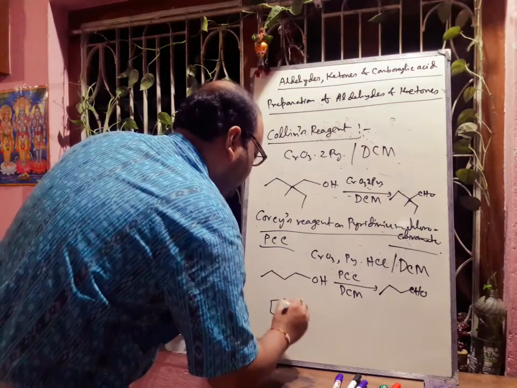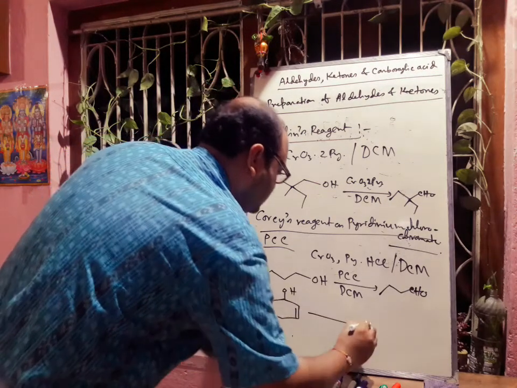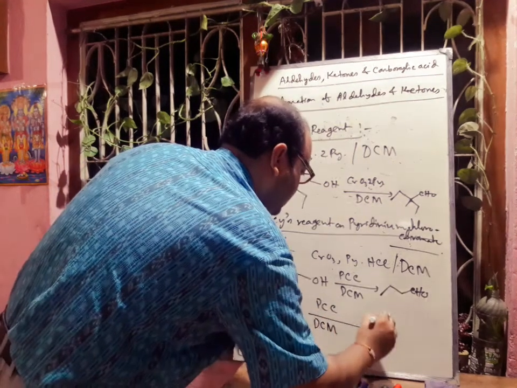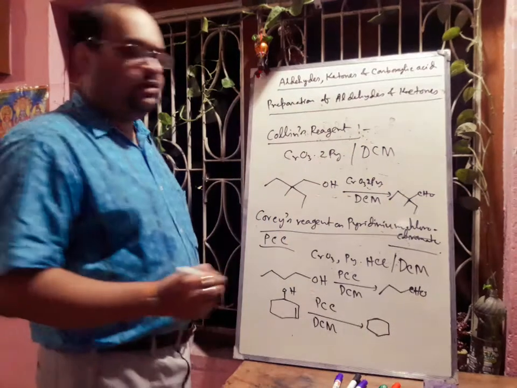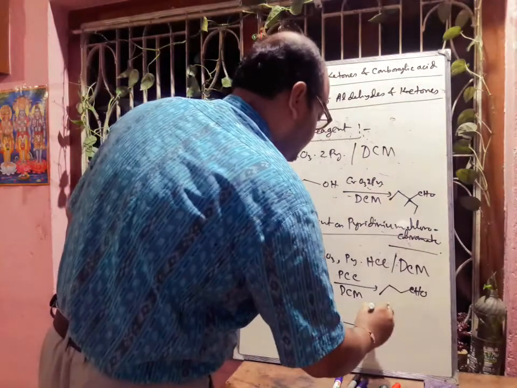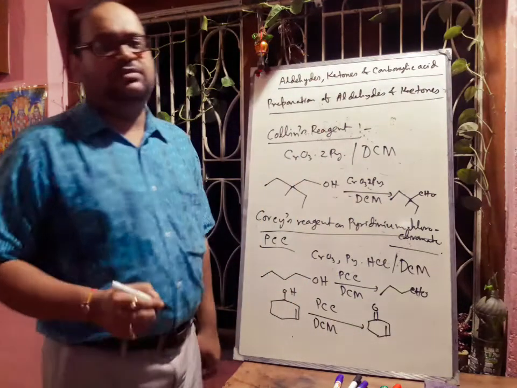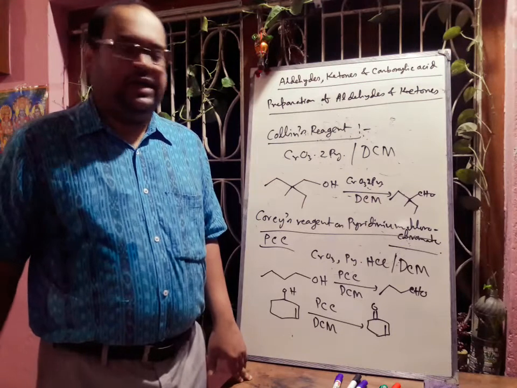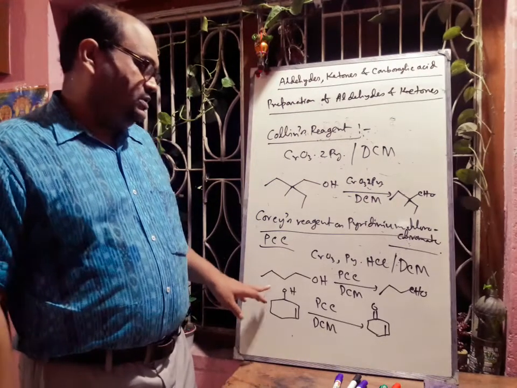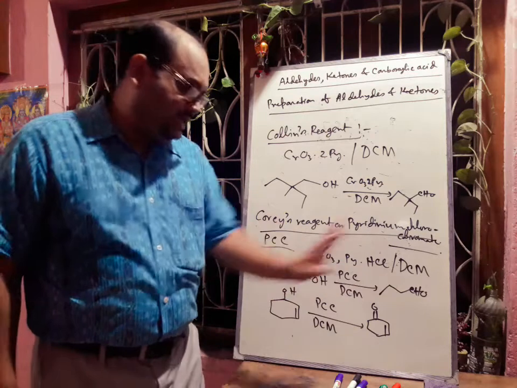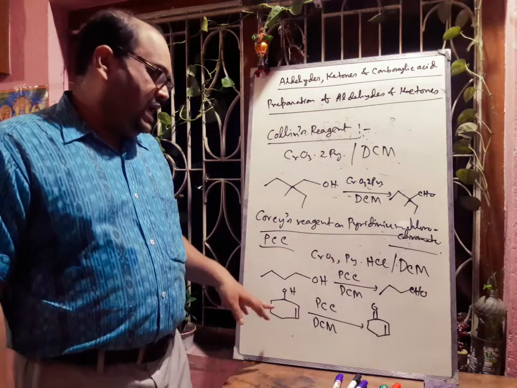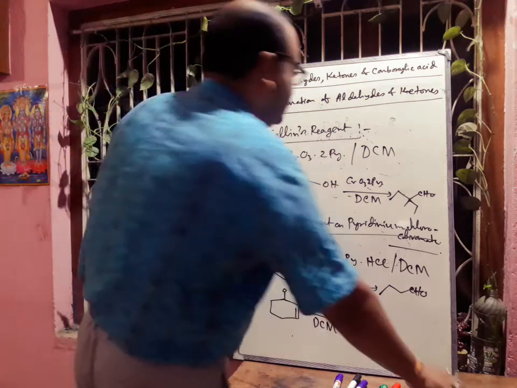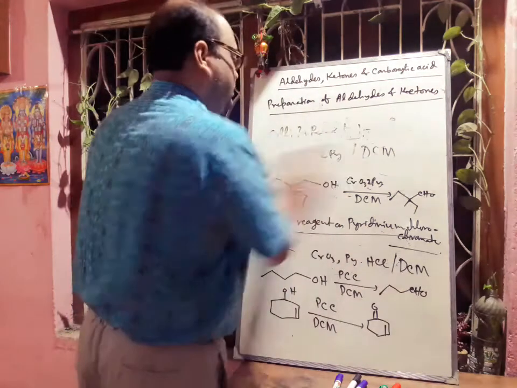Here the double bond will remain unaffected. Using the same reagent PCC in DCM, there will be formation of a ketone, because it is a 2 degree alcohol. In this way we can convert 1 degree alcohol to aldehyde using PCC, and 2 degree alcohol to ketone.